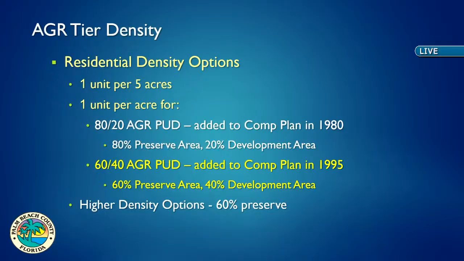Another, and the main one today, that has been in the plan since 1995 and has resulted in the majority of residential development, is the 60/40 AGR PUD, which requires 60% of the total land area to be set aside as preserve, with no more than 40% as the development area. This 60/40 PUD development option is the main focus of the text initiation request by the applicants. There are other mixed use and multifamily options, and those provisions also have a minimum 60% preserve area requirement.